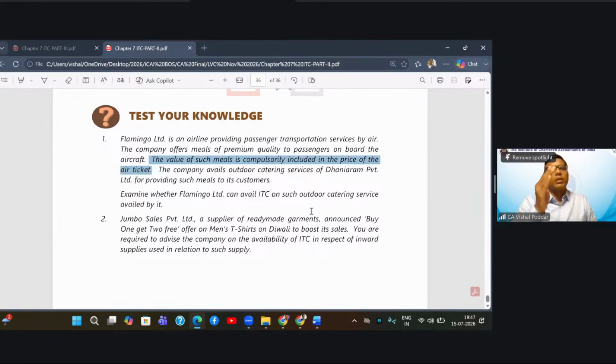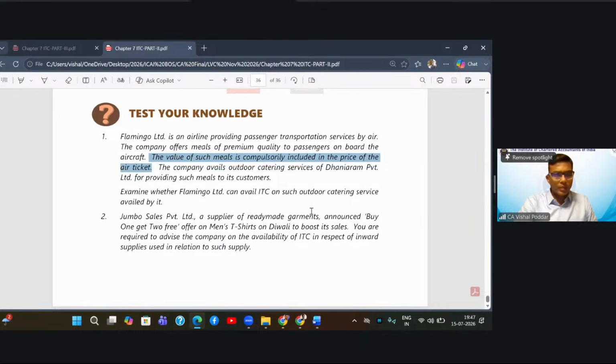Therefore, Flamingo Limited can avail the ITC of these outdoor catering services. I hope, students, you understood how to present your answer. So analyze 16, give that in writing how you have analyzed, then analyze section 17(5), whichever clause is applicable.